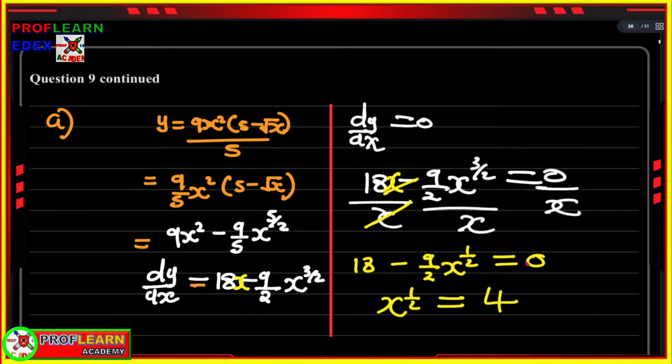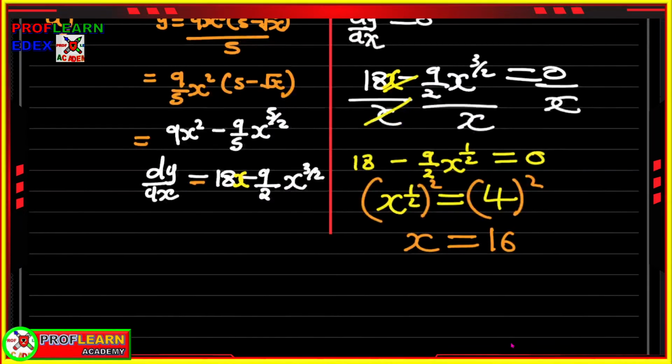Then for us to work it out, we shall square this and square that, so that our x is going to be 16 at that given point. So the value of x at m is going to be 16. It's good that we were able to identify that so that we can proceed.